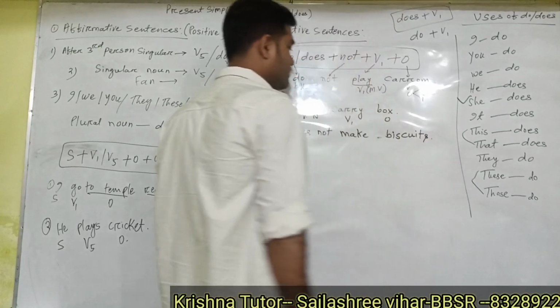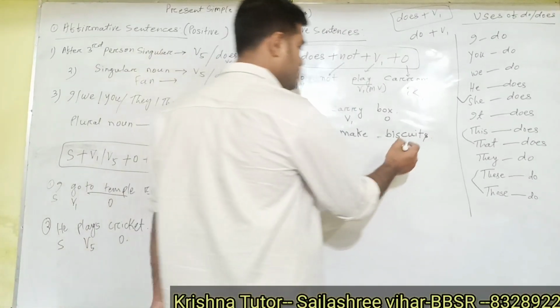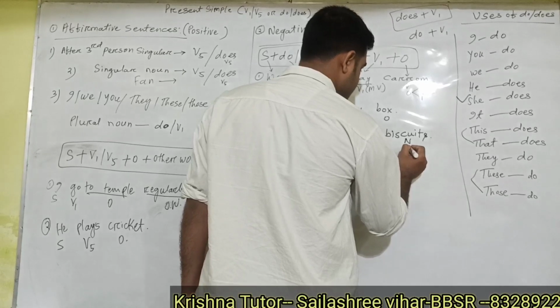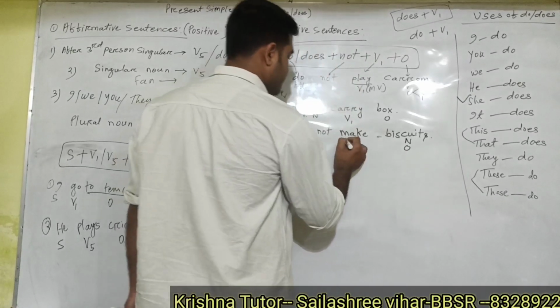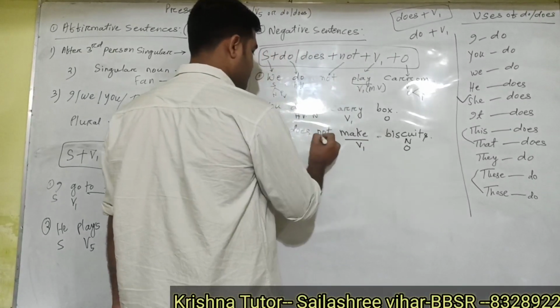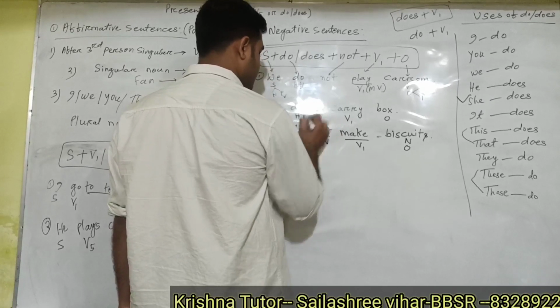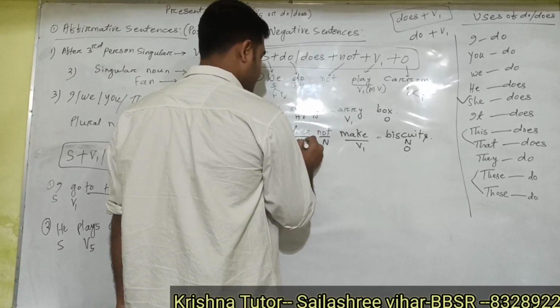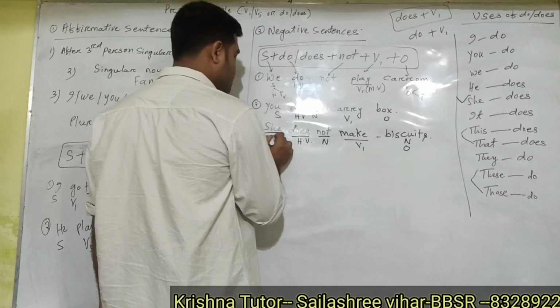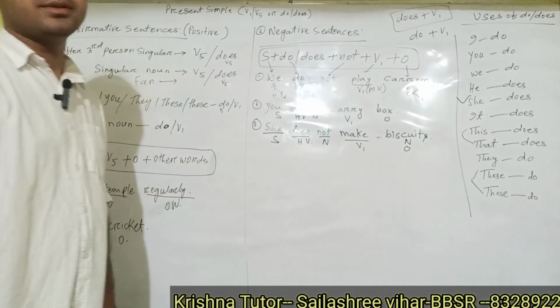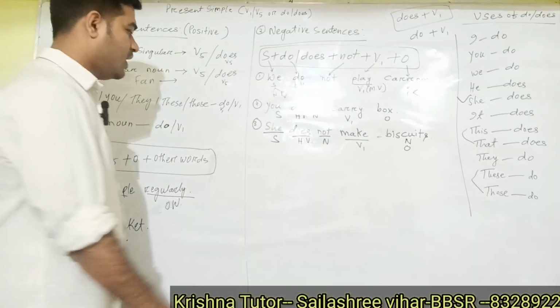She does not make biscuits. Biscuits is a noun, so obviously it is the object. Make is the verb, not is the negation, and does is the helping verb. Helping verbs are also called auxiliary verbs. Okay, as simple as that.